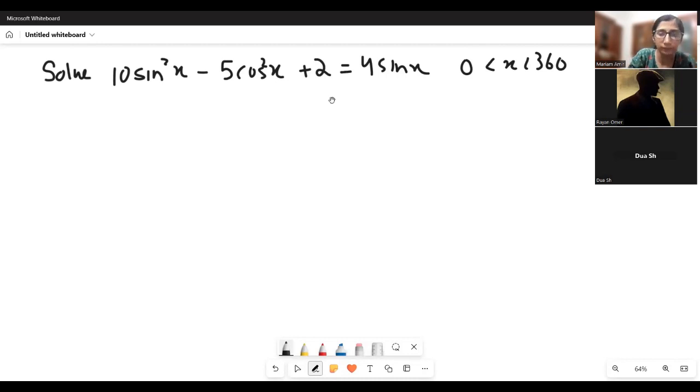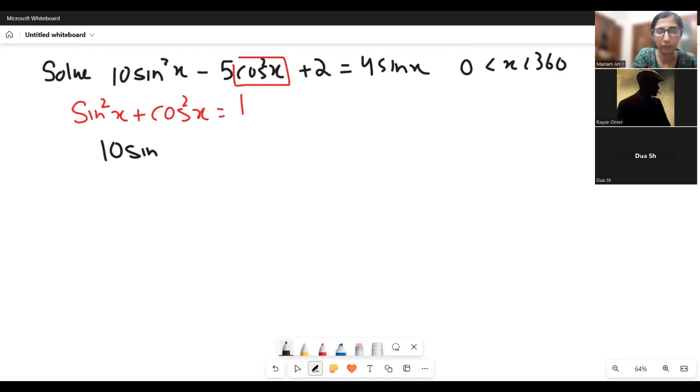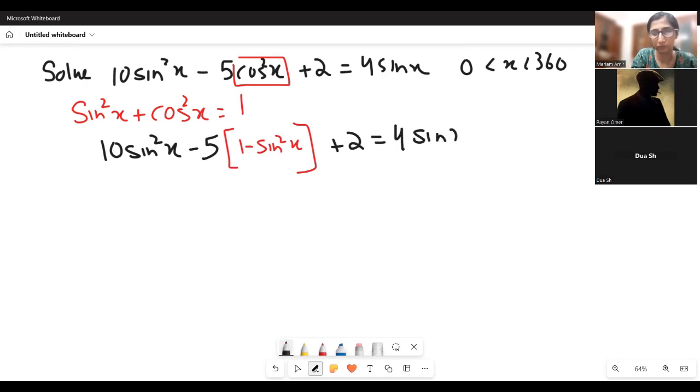How do we get there? By using this identity: sine squared x plus cos squared x is always equal to 1. So I'll replace cos squared x with 1 minus sine squared x. So we get 10 sine squared x minus 5 times (1 minus sine squared x) plus 2 equals 4 sine x.